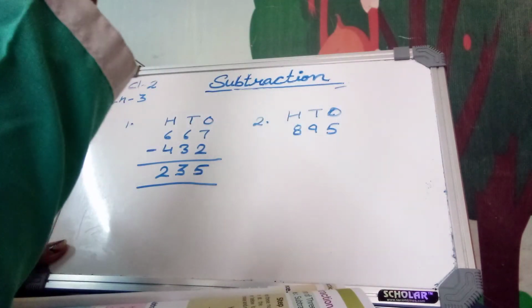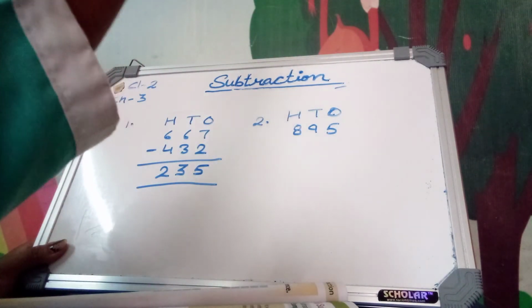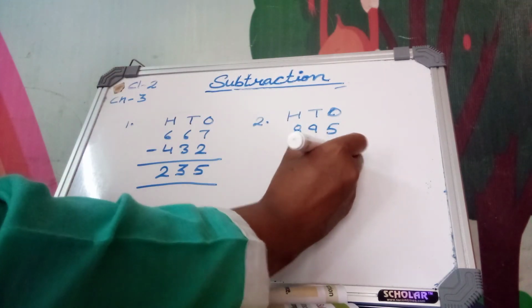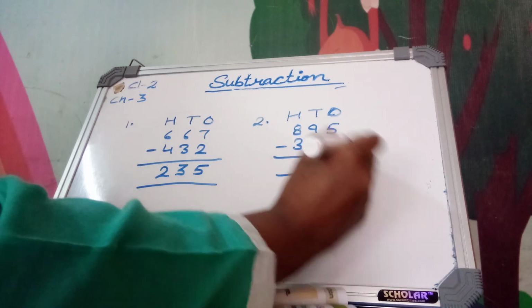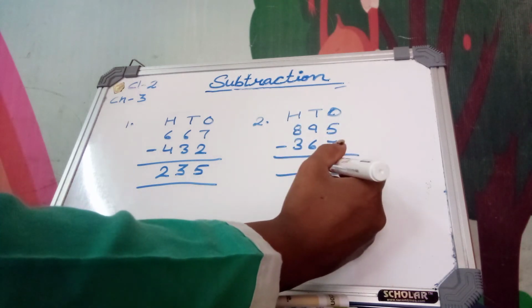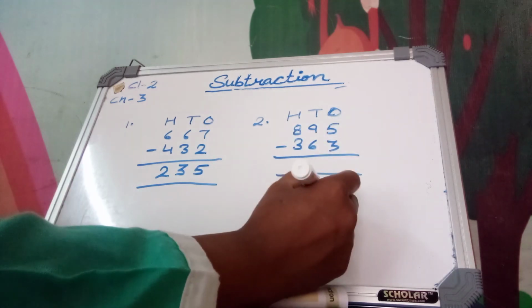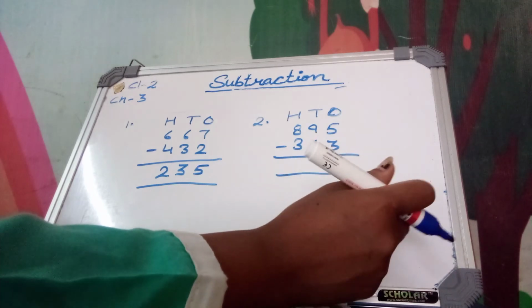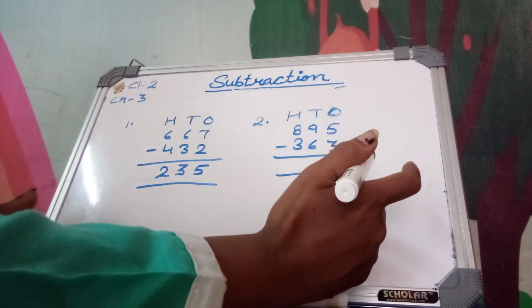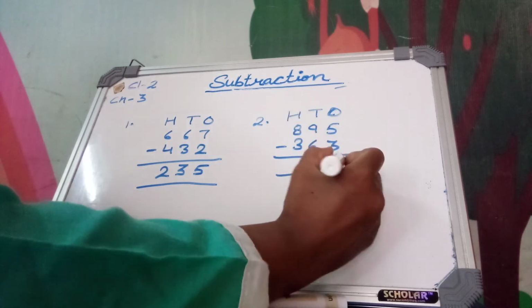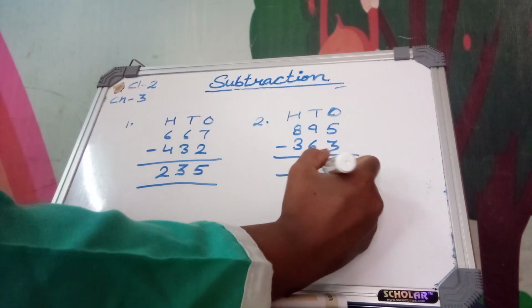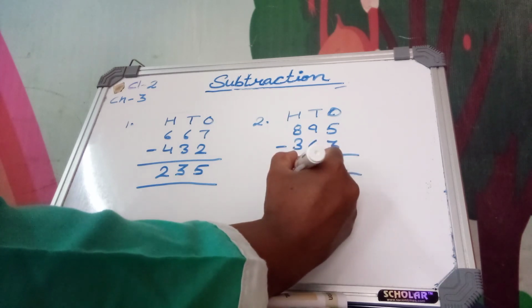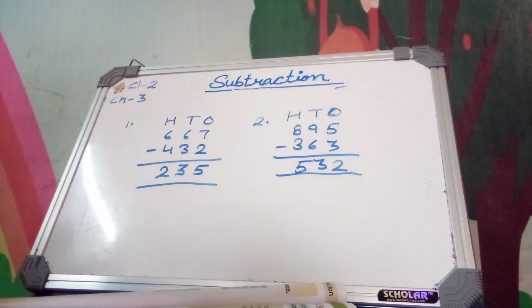From 895 we have to take away how many? 363. 5 minus 3, you use a line or you use fingers also. 5 minus 3, how many numbers are left? 2. 9 minus 6, 3. 8 minus 3, 5. 532 is our answer.